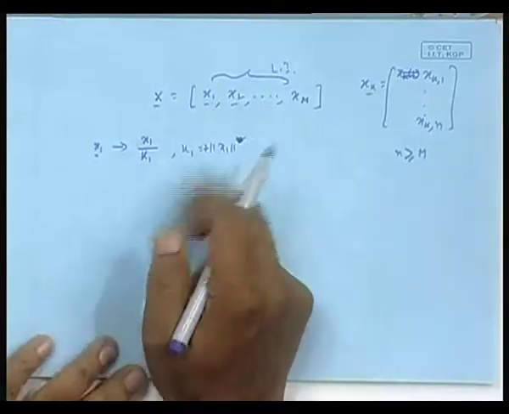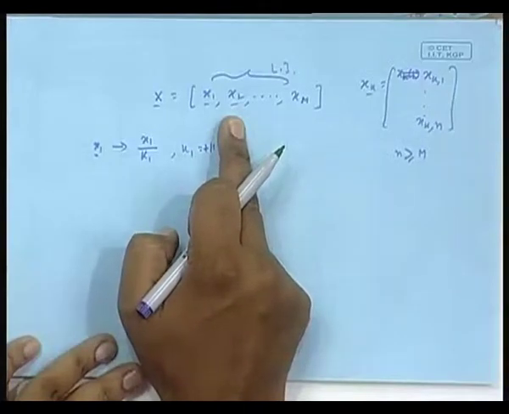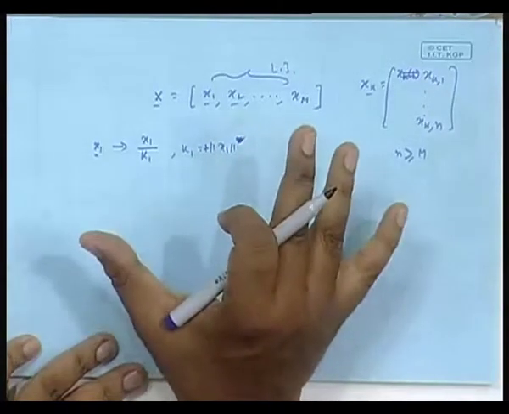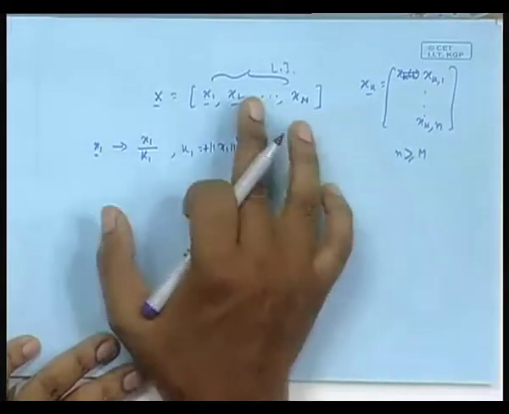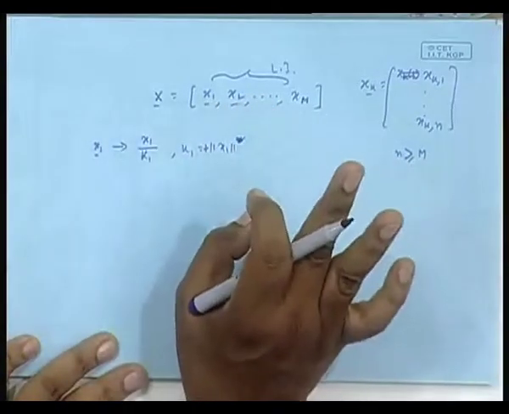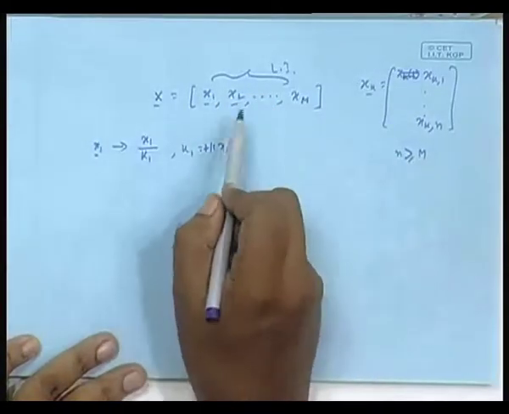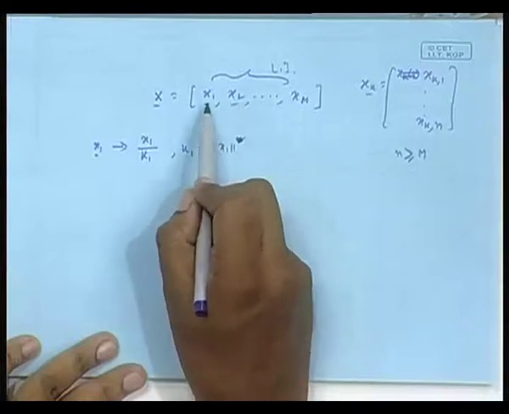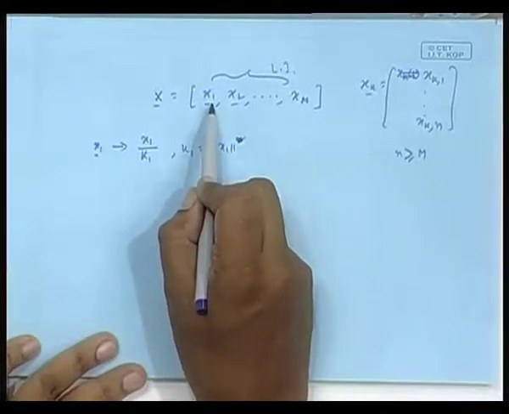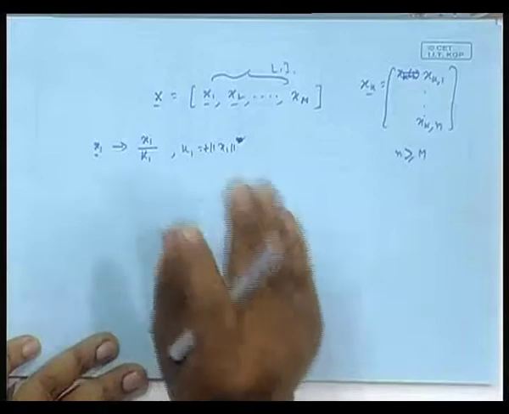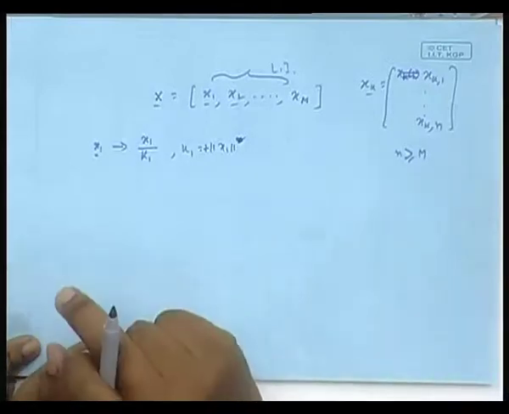Then x 2, I have to generate a set of orthogonal basis vectors out of this. We all are familiar with Gram-Schmidt. What will I do here? Take x 2, project it on this vector and take the error, and then divide by the norm of the error to make it unit norm.